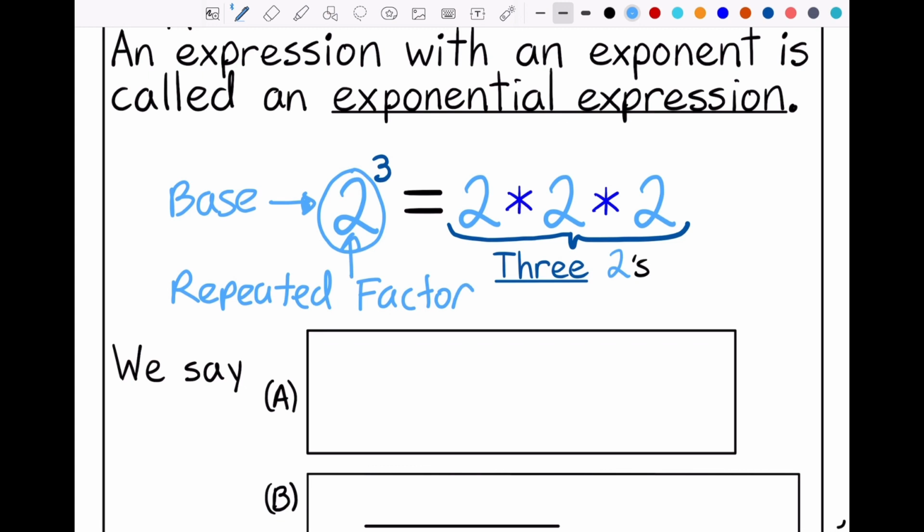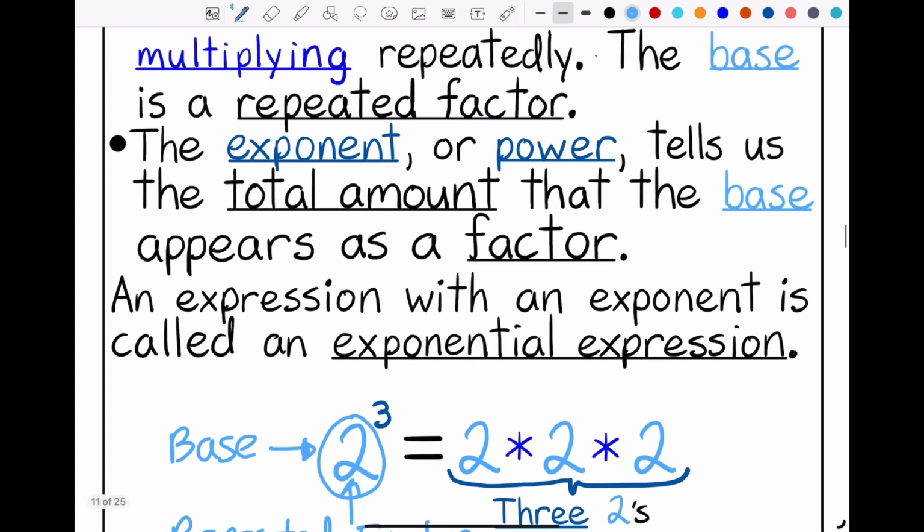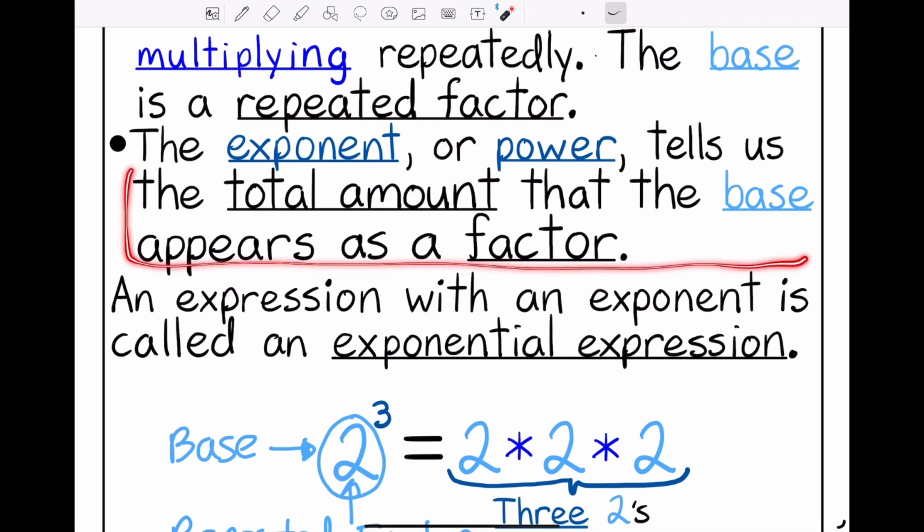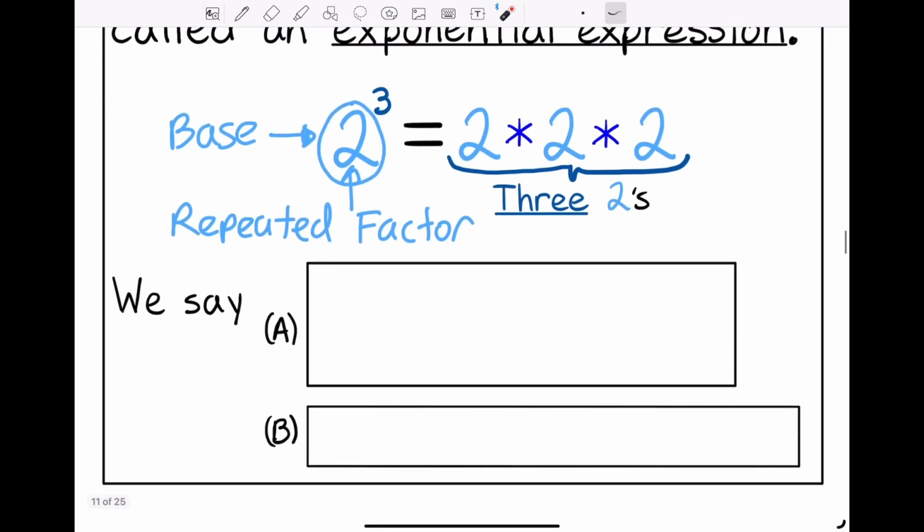Repeated factor. Now the exponent, or power, tells us the total amount that the base appears as a factor. And since we have 3 factors of 2, that means our exponent, or power, is 3. So the 3 can be labeled as our exponent, or power. Let me write that down.